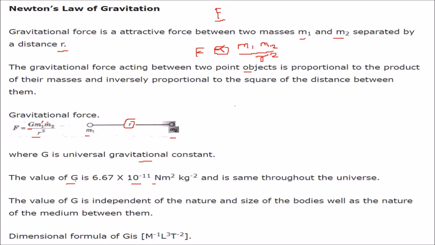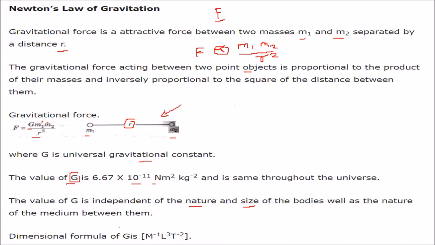This G, the universal gravitational constant, is independent of the nature and the size of the bodies, and also of the nature of the medium between these two. This can be anywhere, and G remains the same.